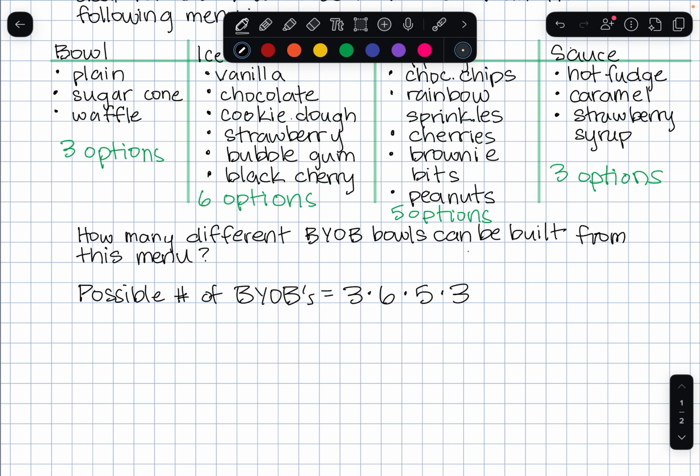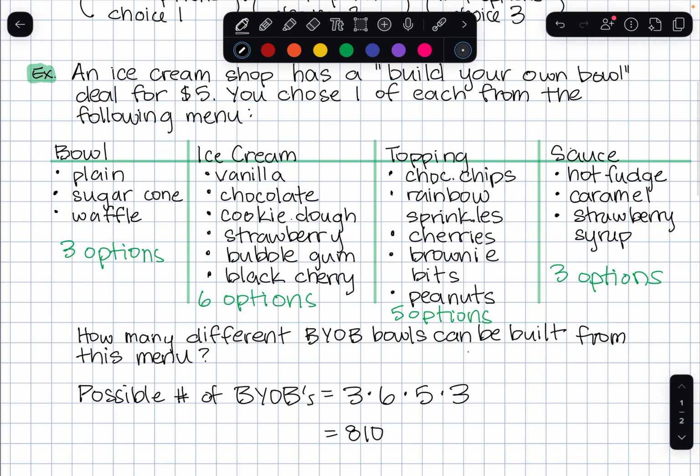I know 3 times 6 is 18. And then times 5 times 3, which gives me 810. So with this menu of bowls, ice cream, toppings, and sauce, I can make 810 different BYOBs.